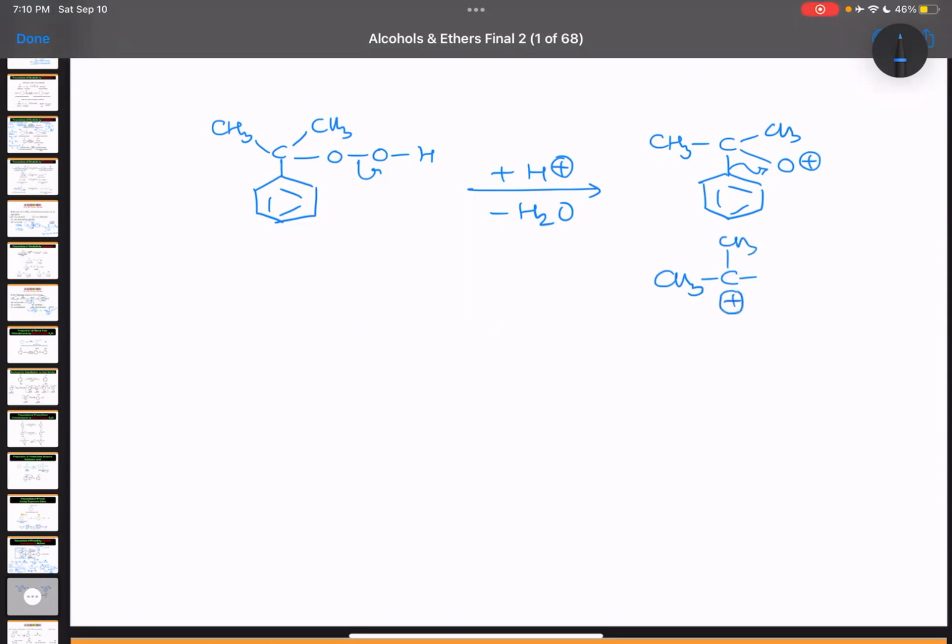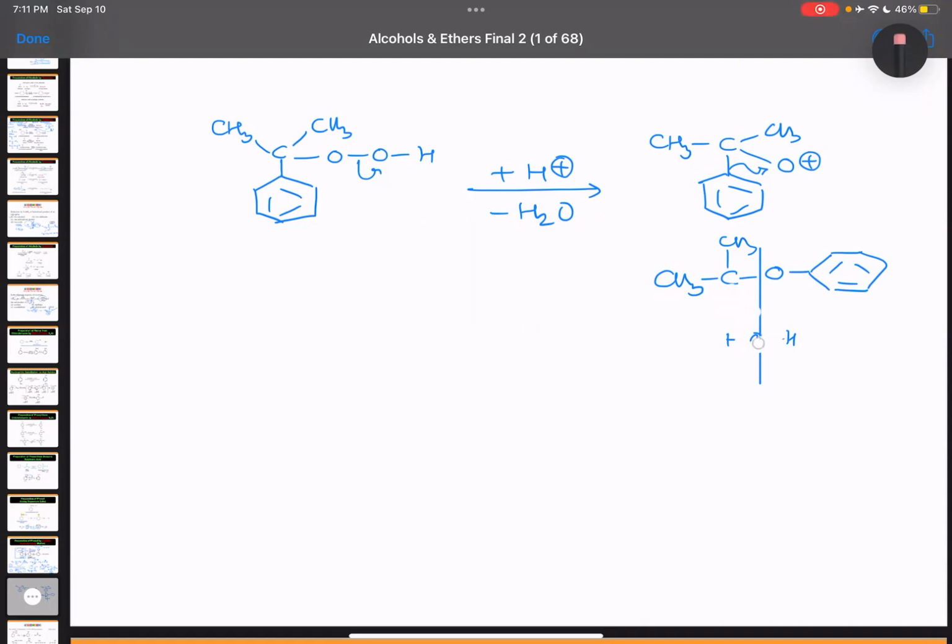And benzene goes away with the electron pair, so now the plus charge will be on the carbon. With water and dilute H2SO4, it breaks further.